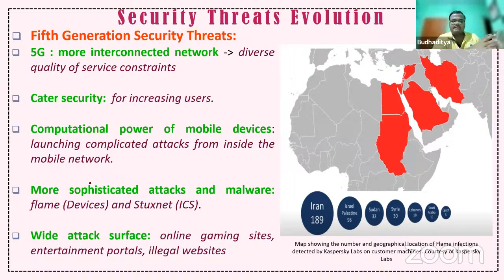The problem with 5G, as I already pointed out in the previous slides, is that we have many connected devices of different types. Suppose you have an IoT network in general. There will be some sensor nodes, some networking nodes, and some kind of cloud, where you are wirelessly sending the data for further processing.